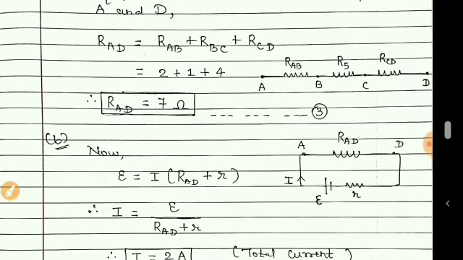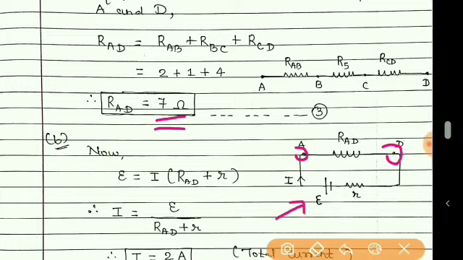Now suppose the resistance between A and D, that is total resistance, is 7 ohm. EMF of the battery is given, current I that is flowing through the circuit is the total current, and this is the internal resistance.